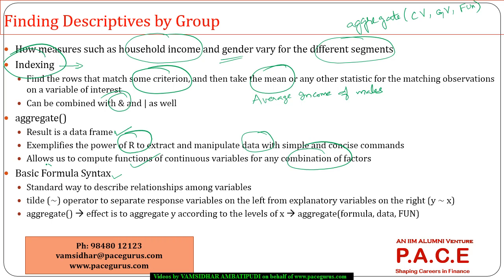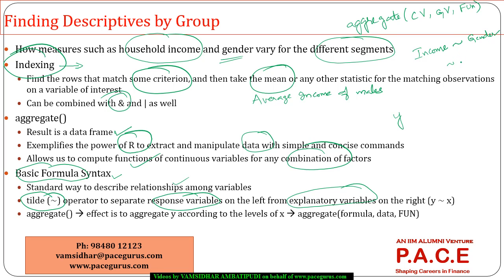But right now I want to introduce a slightly different way of giving an input to the aggregate. This is the tilde operator, especially when I want to describe the relationship among the various variables. I can very well use this tilde operator. I'll give a response variable, which is what I really want to find out, on the left, and I have the explanatory variables on the right. So in the same case, let's say I want to find the income across gender. I write it like this.